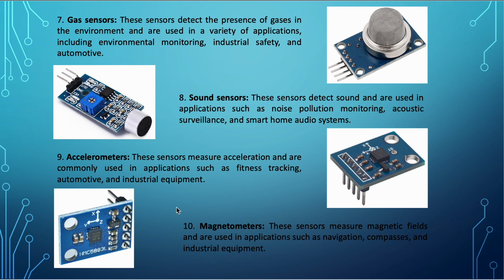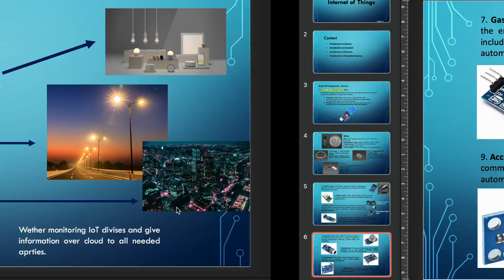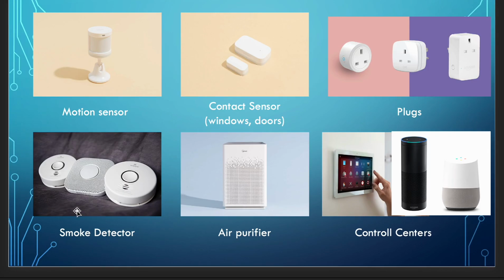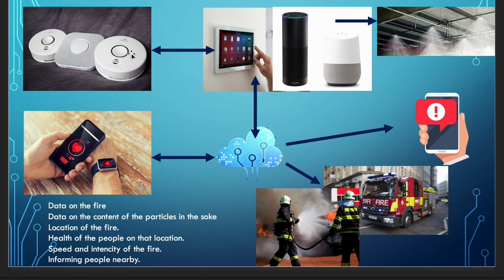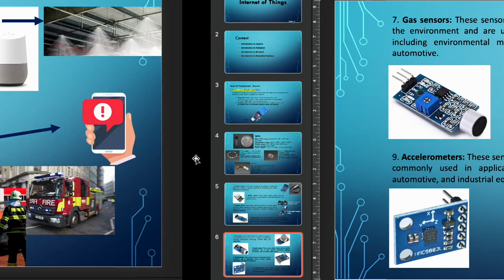So gas sensors: these sensors detect the presence of gas in the environment and are used in a variety of applications, including environmental monitoring, industrial safety, and automotive. Now when we talk about the gas sensor, the first thing that should come to your mind is the examples we talked about: smart smoke detectors used in industrial applications, and fire extinguishing systems, and how smart smoke detectors work in those.